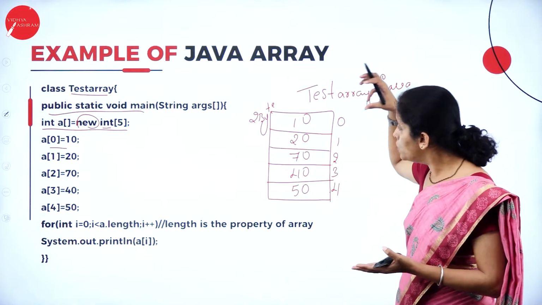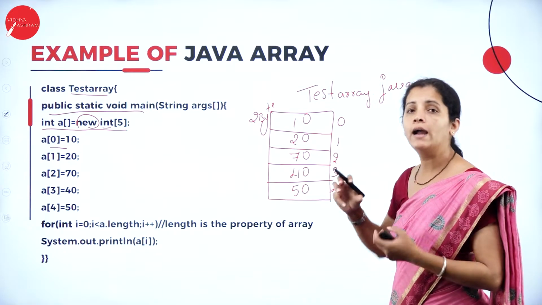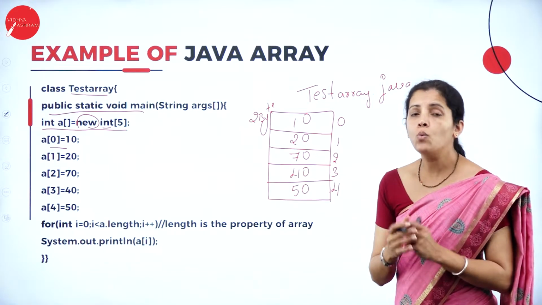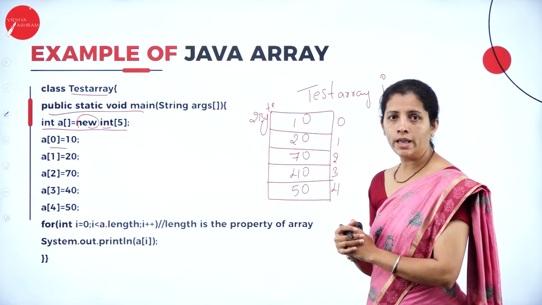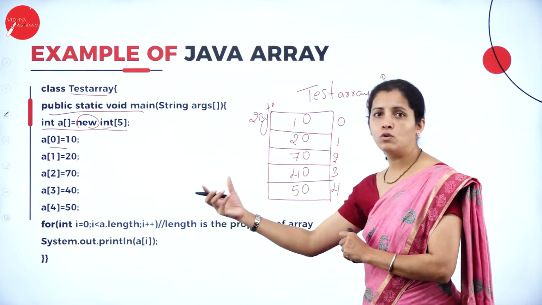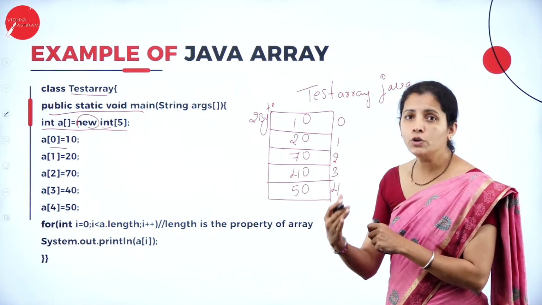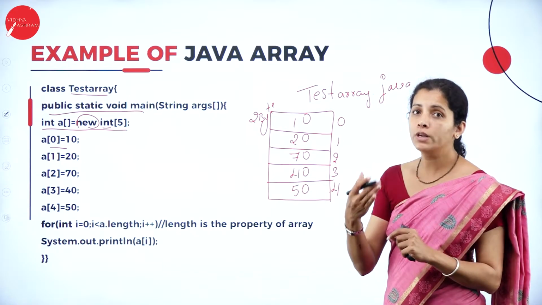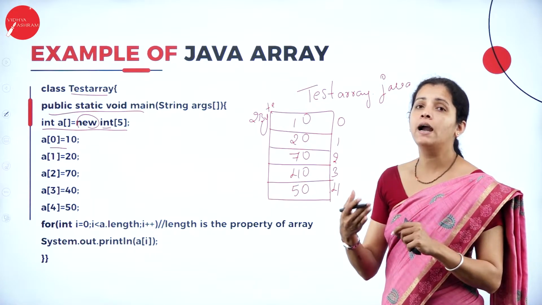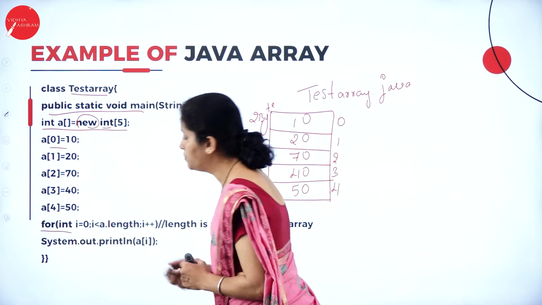Now I want to read all the elements one by one and print. So what do I want here? I want a for loop. I am going to use the for loop because it is iteration. That means I am going to repeat. I am going to read the first element, then the second element, third element and so on. For that I am going to have the for loop.